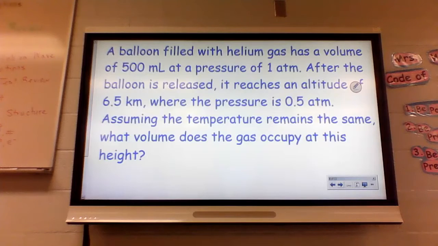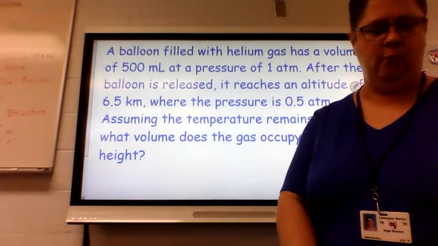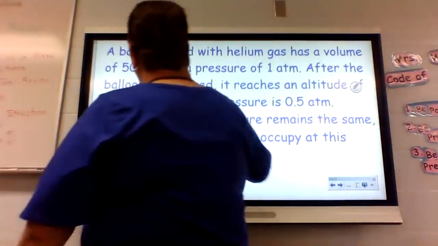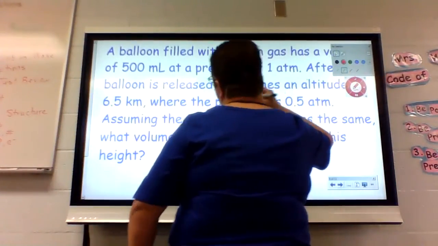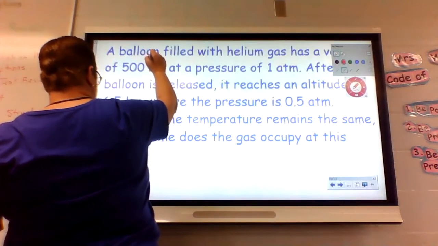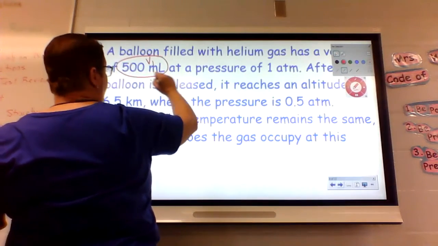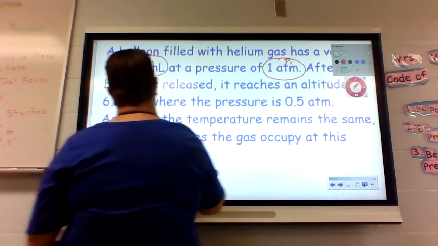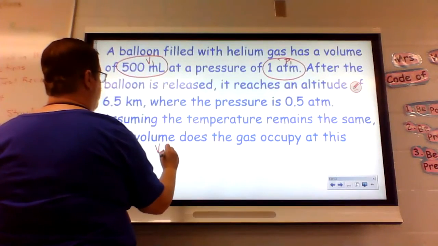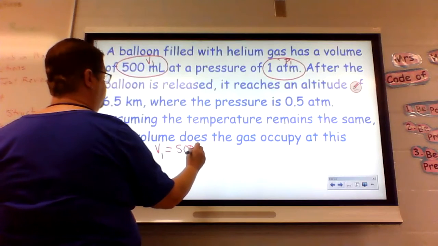All right. So what do we know? What's my first volume? 500. Okay. Let me change colors. And so this is V1. This was what? P1. So that's V1 and P1. V1 is 500 milliliters.